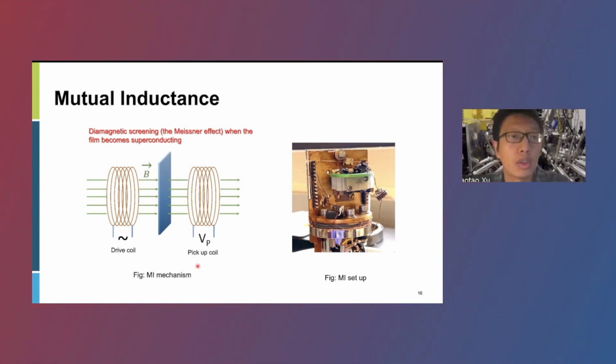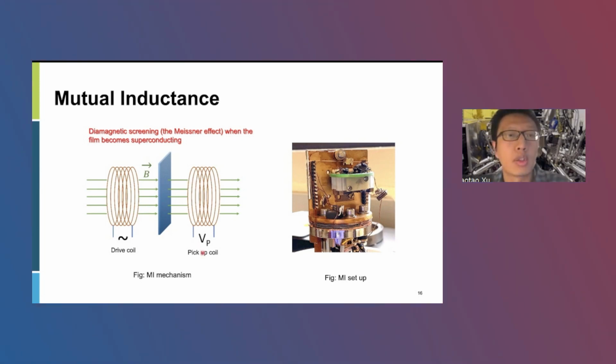The film is sitting between two coils. The drive coil generates a temporary magnetic field, which will penetrate the superconducting film, and the magnetic field will be measured by the pickup coil with a lock-in amplifier.